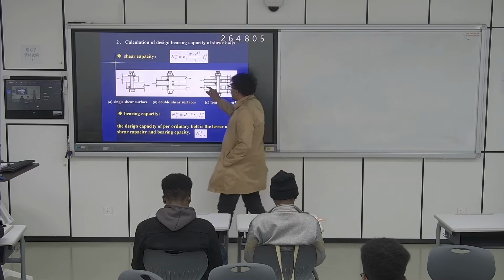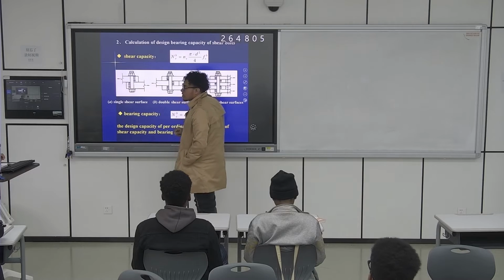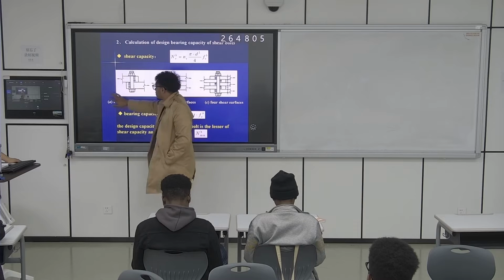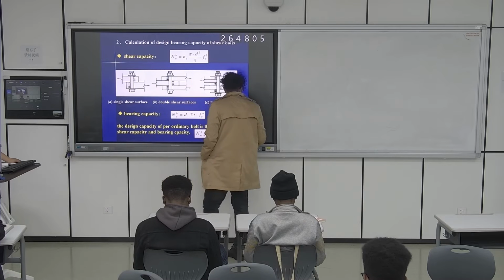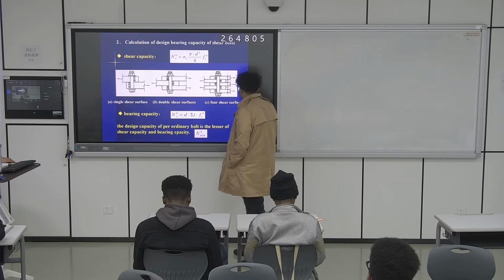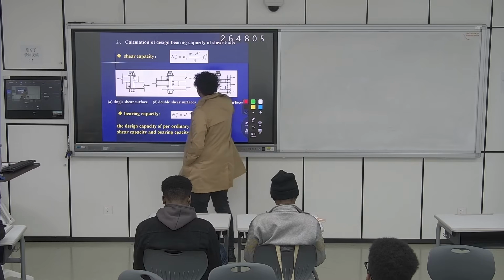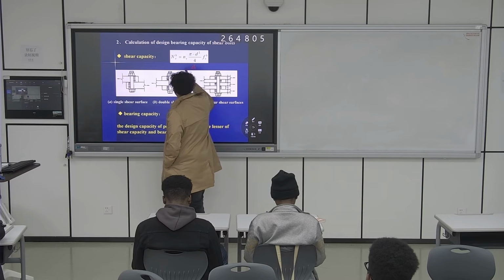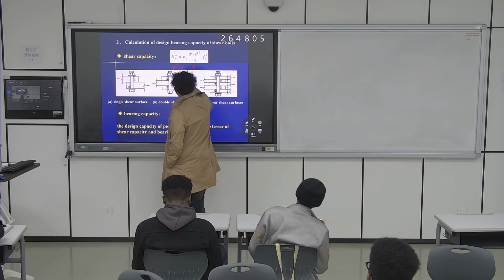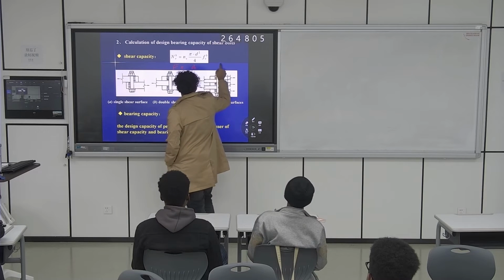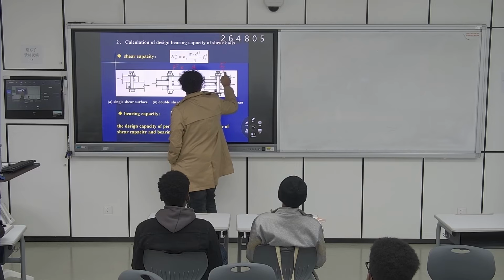Yeah, I think this is area. This area and this side, both. So it's like most of the area equal to stress, right?